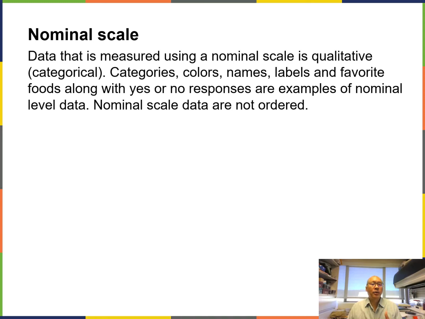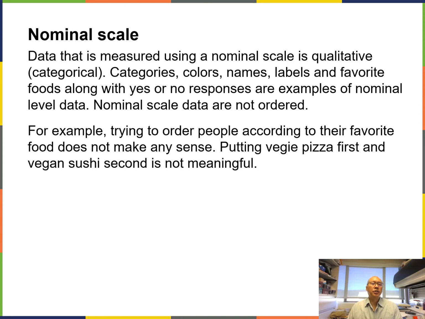Generally, when you have categories, you can put them in alphabetical order, but statistically that would not really mean anything to your calculations. So for example, when we're putting an order of favorite foods, putting veggie pizza first and vegan sushi second is not really meaningful.